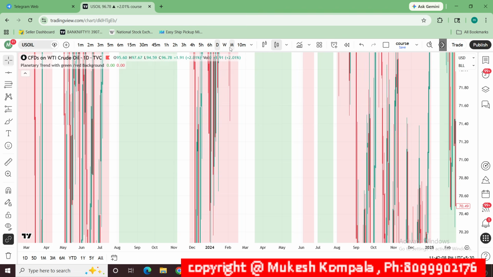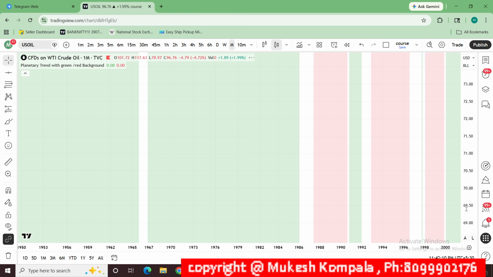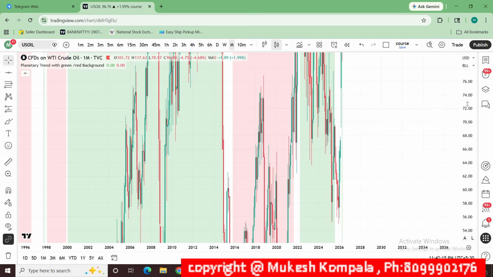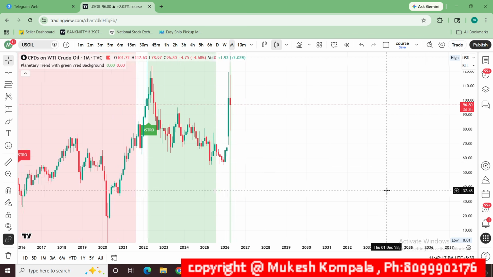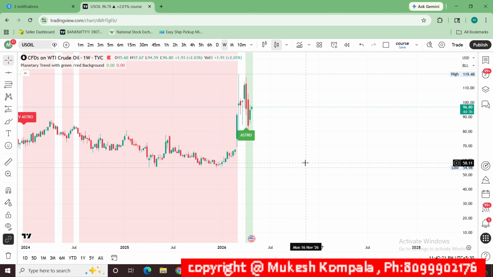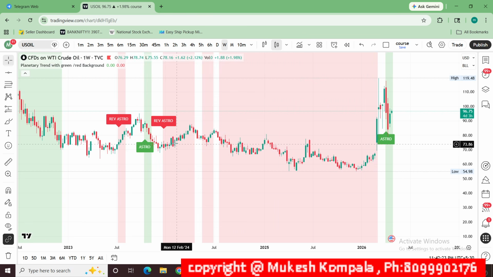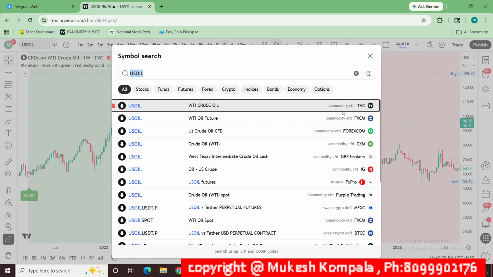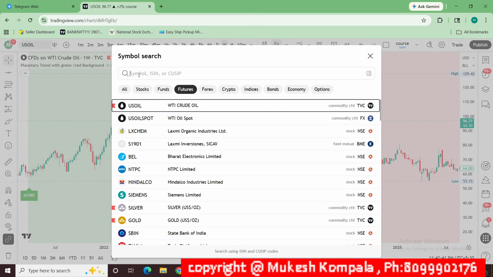We don't find that. Let's go for monthly. You will get a clear picture. Weekly. Still we have a profit. MCX is not available. Maybe I didn't set the country. Now we can check with the original spot price. Crude oil M6, maybe it is there.